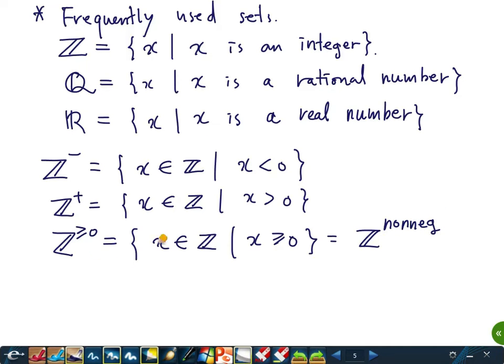So these are common notation, and it will be used in this textbook and also in this lecture. And similarly, you can define Q plus or R minus, something like that. All right? These are commonly used sets.